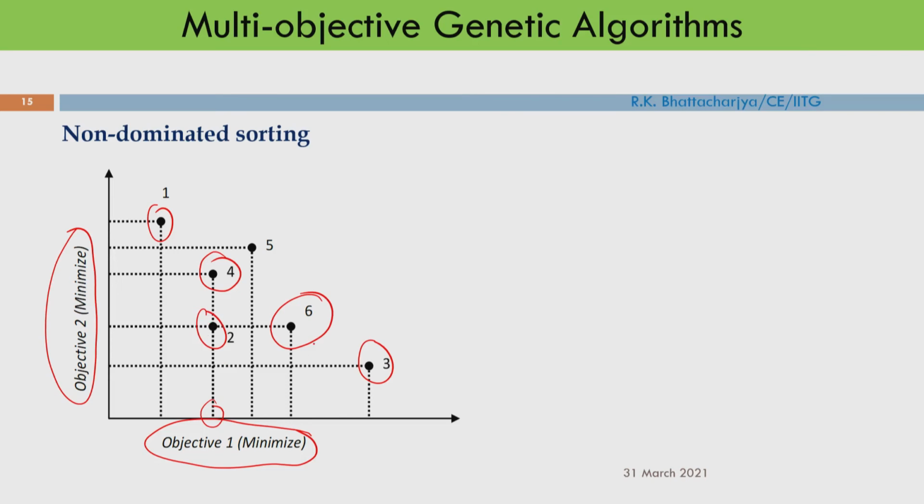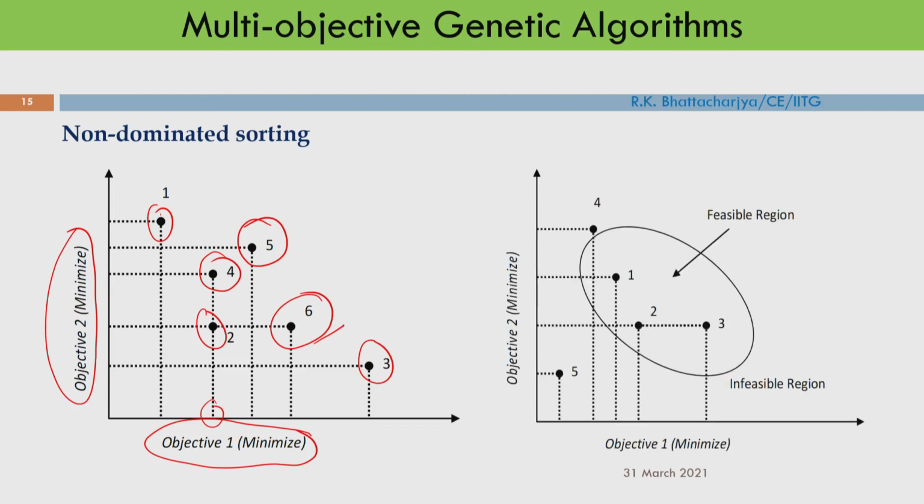So, solution 6 is a dominated solution and solution 2 is not. And similarly, if I compare solution 5 and solution 4, solution 5 is dominated by solution 4 in both the objectives. So, this is a dominated solution, but solution 1, solution 2 and solution 3 are non-dominated solutions.